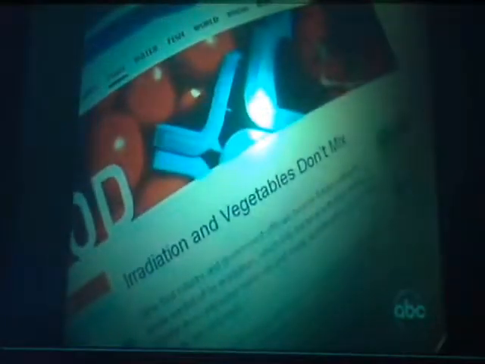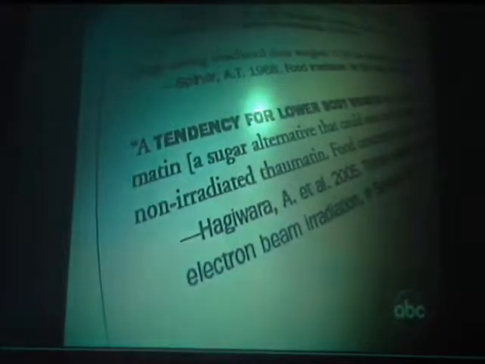Stop irradiation. One protest group is Food and Water Watch. Its director recently wrote Zapped, Irradiation and the Death of Food. She claims irradiation can cause cancer, premature death, lower body weight. Her organization cites impressive-sounding statistics to back her claims. But when we looked at one study, we saw it said no adverse effects. No adverse effects on survival or body weight. Well, there's a large body of evidence that shows that lab animals experience these problems.